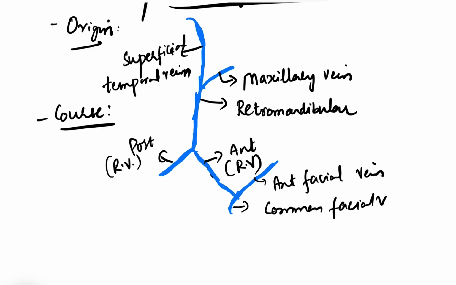So the anterior division of the retromandibular vein unites with the anterior facial vein to form the common facial vein. This common facial vein ultimately drains into the internal jugular vein.